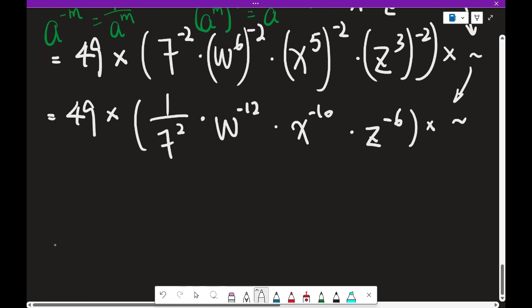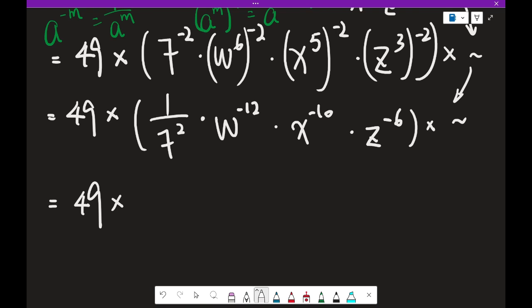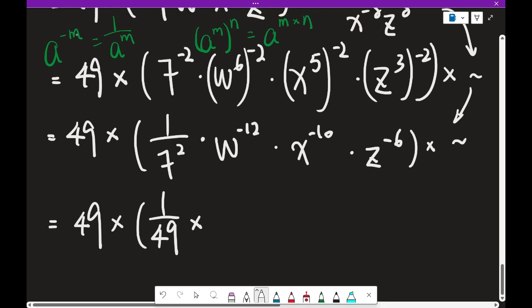And now let's see if we can do the final simplification inside this distributed bracket. So 1 over 7 squared is 1 over 49 times w to the power of negative 12. We can use the same identity right here. So a to the power of negative m equals 1 over a to the power of m.